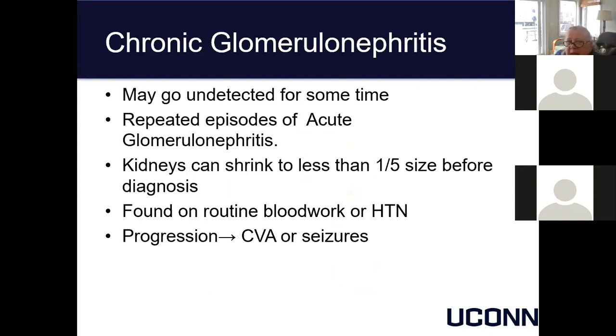And the really crazy thing is that with acute glomerulonephritis, you get these big enlarged fat kidneys. With chronic glomerulonephritis, they shrink and shrivel up, which again seems almost counterintuitive on some level.